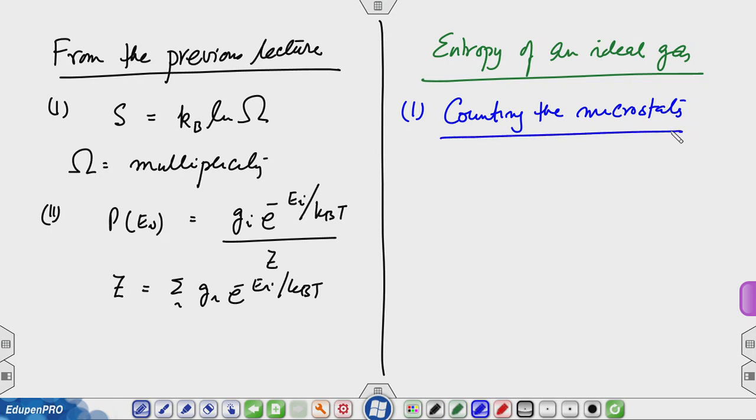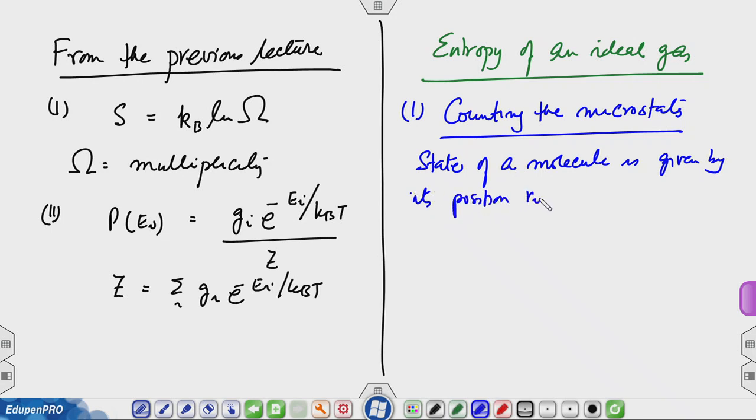Now, remember that the state of a molecule is given by its position Ri and its momentum Pi.